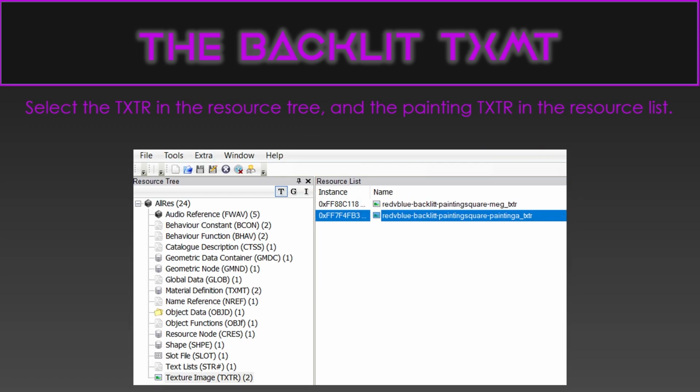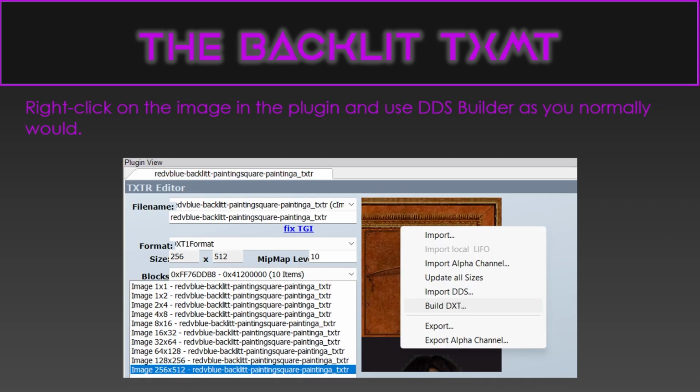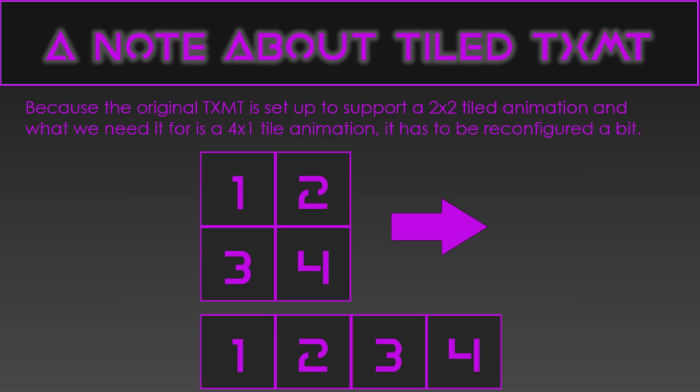We select the TXTR in the resource tree and the painting TXTR in the resource list. Then in the plugin, we right click, we build DXT, we load up the image, and we build. Because the original TXMT is set up to support a 2x2 tiled animation, what we need to do is switch it to a 4x1 tiled animation.